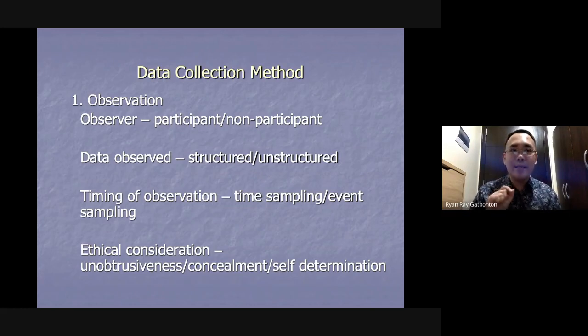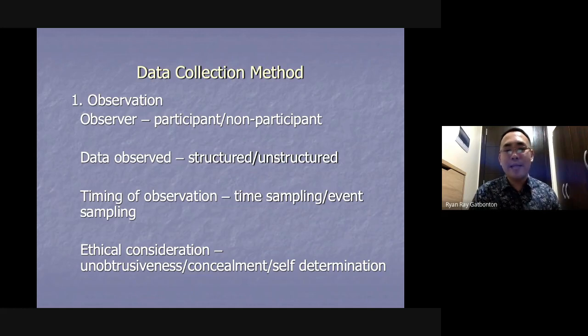So if you do not see anything outside the checklist, your observation checklist, then that's a structured observation. But if you observe everything under the sun and you do not follow a certain itinerary for observation, then you're doing an unstructured observation. Another classification of observation is your timing of observation.